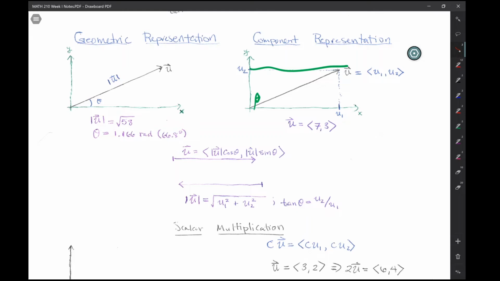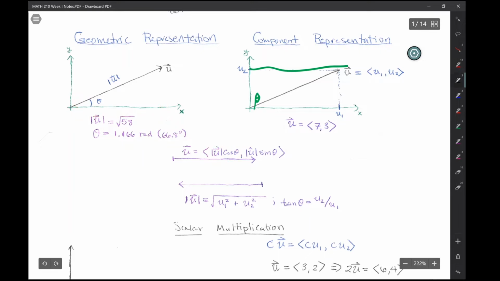On the other hand, we could go from the geometric representation to the component representation. And this is what you typically do when you want to add vectors. You break it up into its components and you add. So to go from the geometric representation to the component representation, you take the magnitude, and we want the length along x, so we multiply by cosine theta.